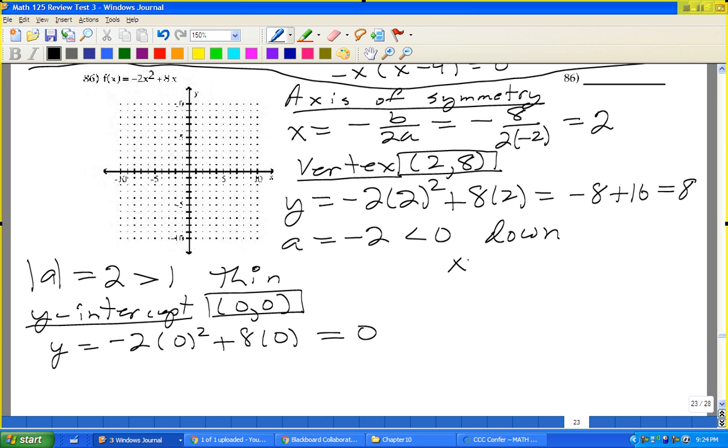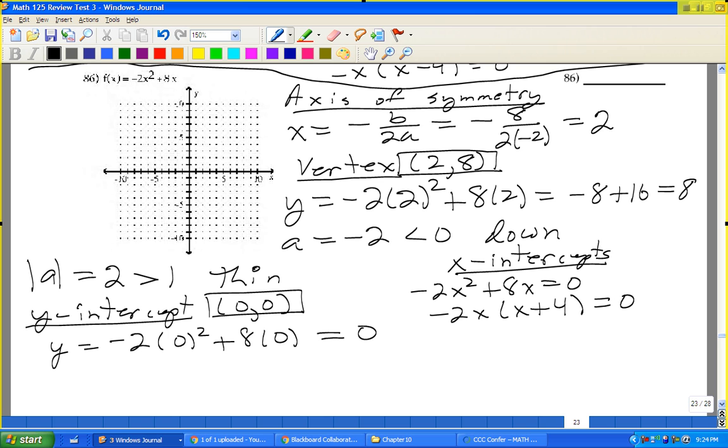Let's find the x-intercepts. So let's set negative 2x squared plus 8x equal to 0. Factor out a negative 2x. And so setting each factor to 0, I get x is equal to 0, or x is equal to negative 4, subtracting 4 from both sides of my equation. So my x-intercepts are the origin, of course, and (negative 4, 0).